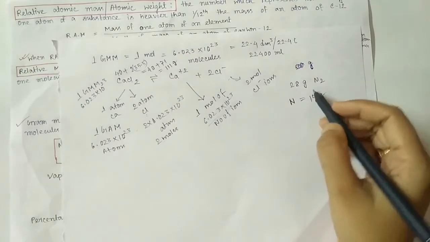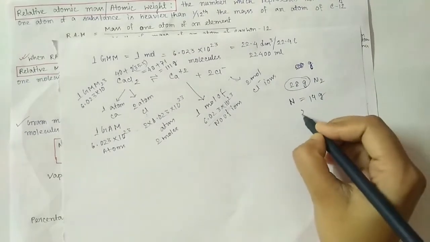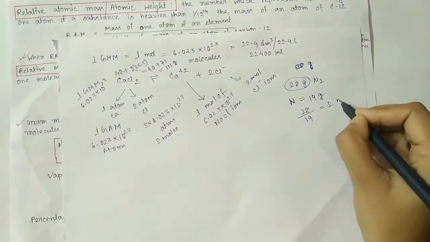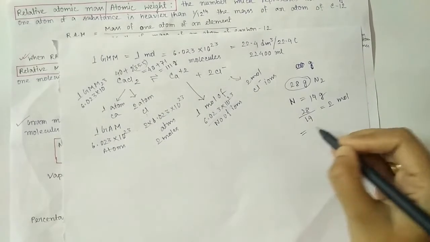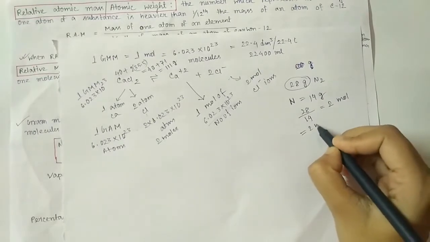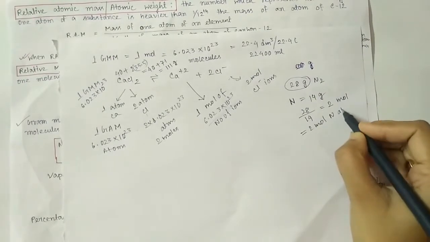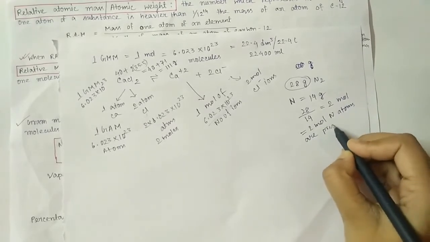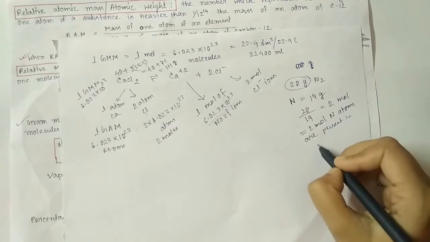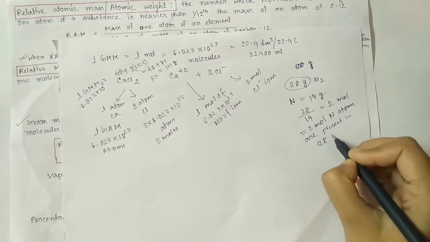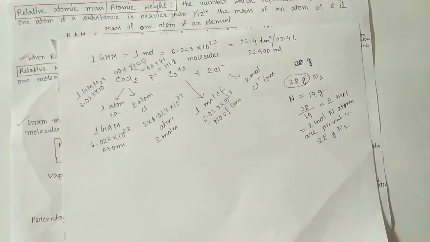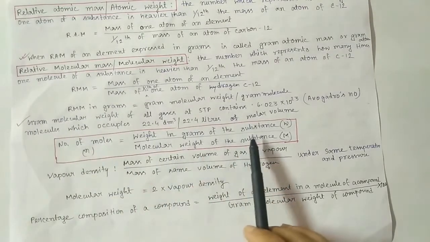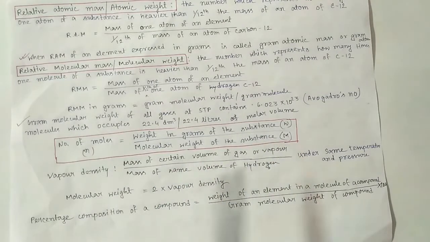So this is the weight given to you, given weight 20 by 40 is equal to 20 mole. It means that 20 moles of nitrogen atom are present in 28 gram of nitrogen. That's how you can use this formula, that number of moles is equal to weight in grams of the substance by molecular weight of the substance.